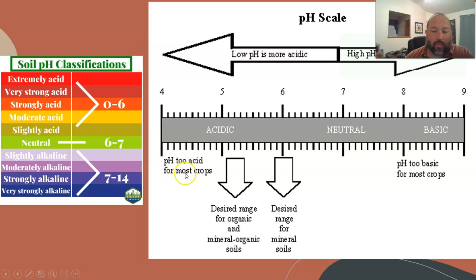If you get way down here, your pH is too acidic for most crops. If you get way up here, your pH is going to be too basic or too alkaline for most crops. We actually end up with mostly acidic soils. We do have basic soils, and they're perfectly fine as long as it's not too much, just like the acidic soils are fine as long as they're not too acidic.